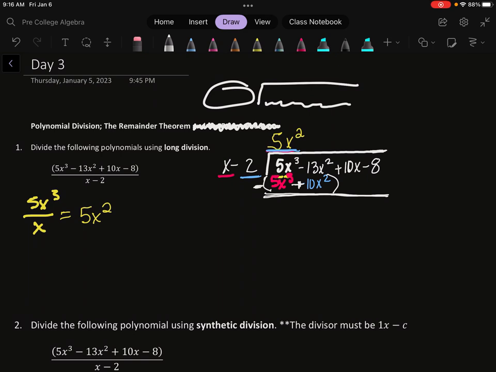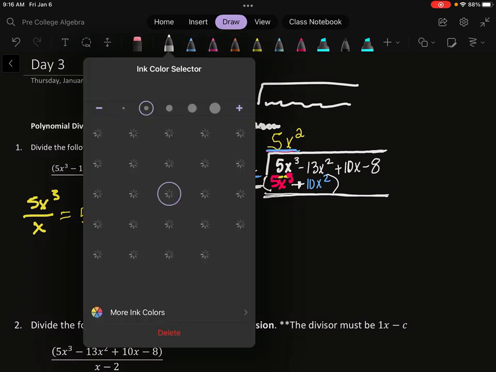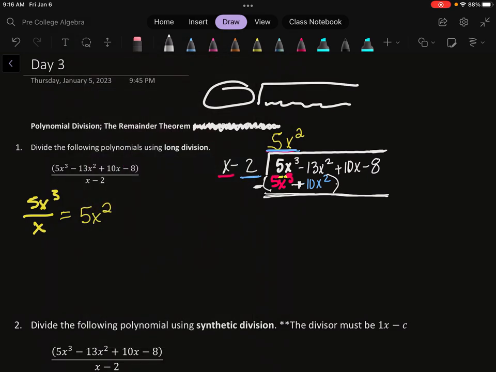So the 5x cubed becomes negative, and the negative 10x squared becomes positive. So it's negative 5x cubed plus 10x squared now. And then we add those together, right? So 5x cubed minus 5x cubed, that cancels. That's the whole reason why we put 5x squared at the top there.